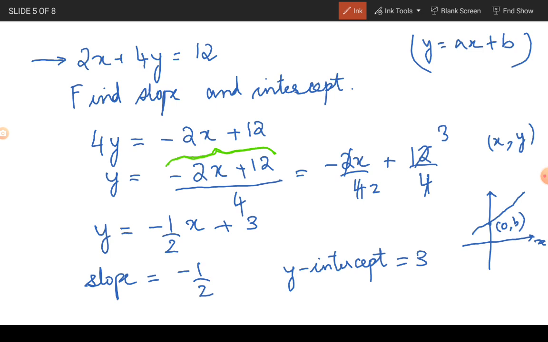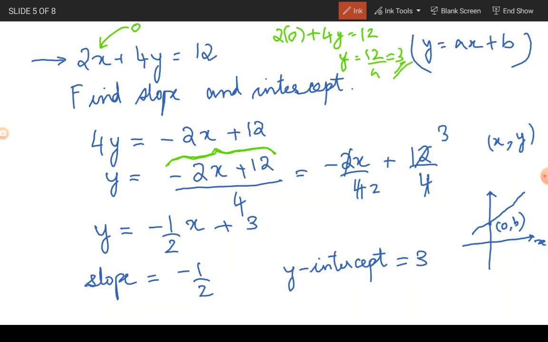So you can also find the y-intercept by putting this x value equal to 0. You can use either of these methods, you will get the same answer. If I put x equal to 0 over here and solve for y, I'll get y equals 12 by 4 equals 3.